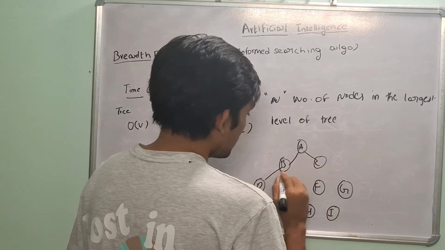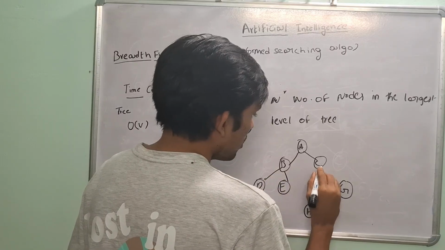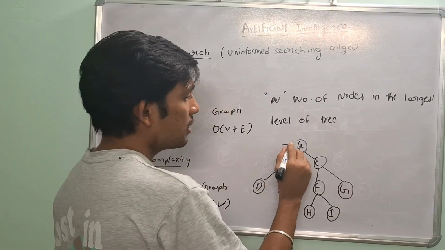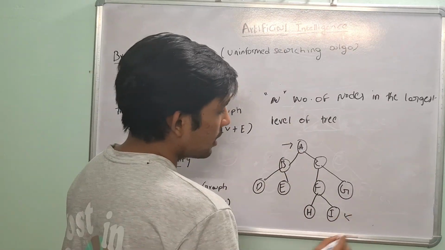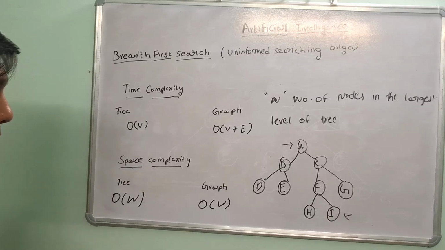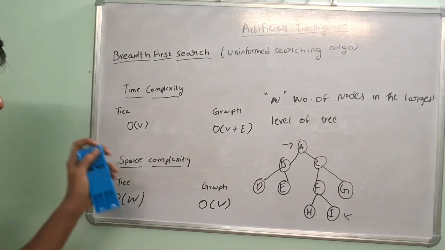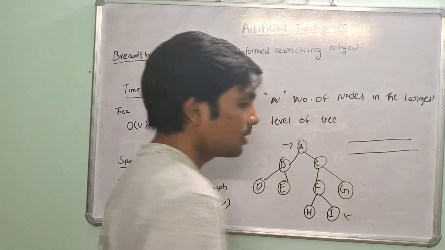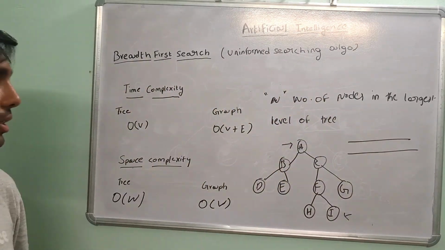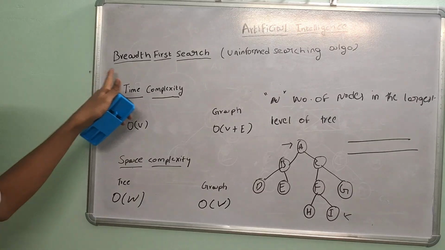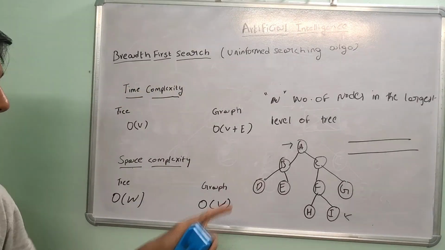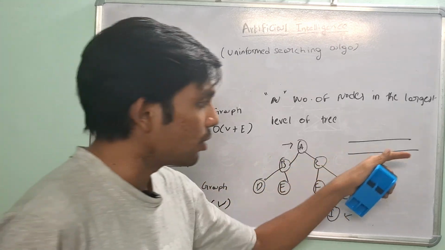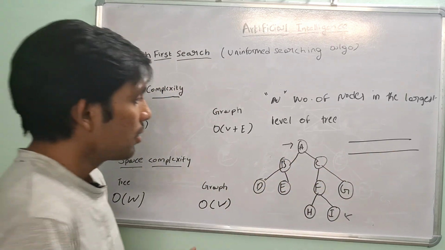So let us consider this graph. In this graph, let A be the initial node and let us consider I as the goal node. As you remember, we use the queue data structure, so we will store the nodes that are needed to be explored in a queue while using the breadth first search algorithm.